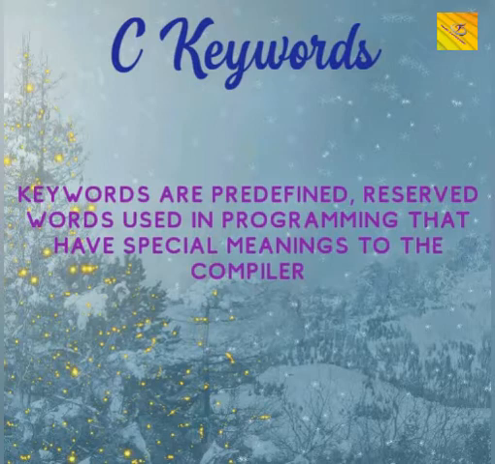Keywords are part of the syntax and they cannot be used as an identifier. For example, int money. Here, int is a keyword that indicates money is a variable of type int or integer. As C is a case-sensitive language, all keywords must be written in lowercase.